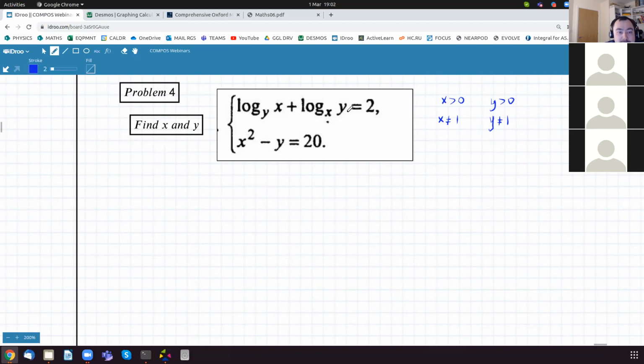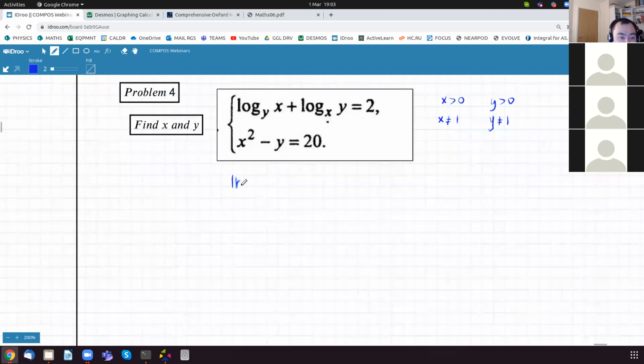Okay, so change of base. It doesn't really matter which base you choose. You will arrive at the same answer. Whichever base you like best, you can do. I'll do the natural log.